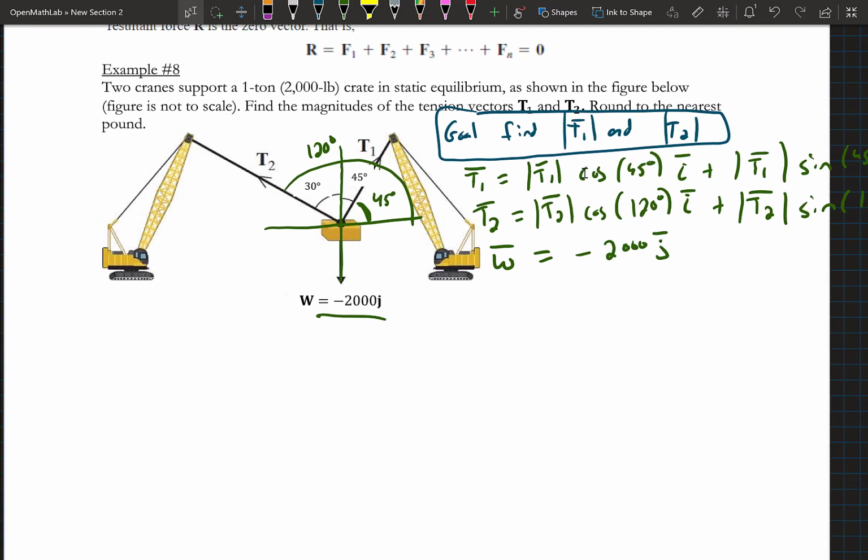So we know that vector W plus vector T1 plus vector T2 is equal to the zero vector, since it's in static equilibrium.